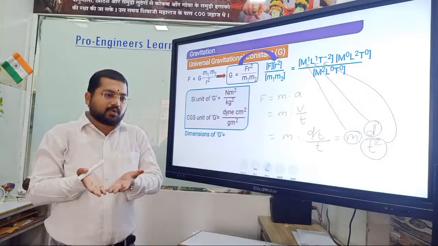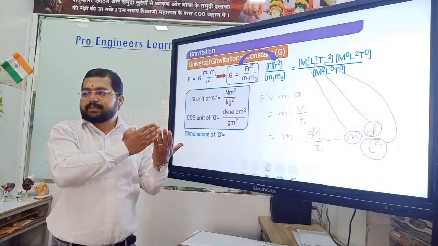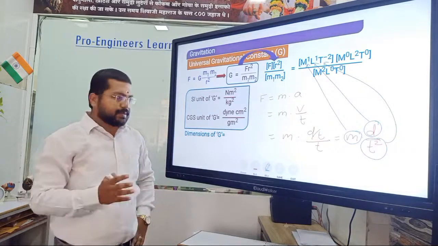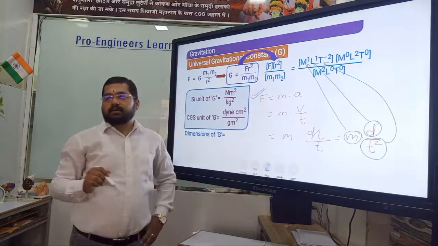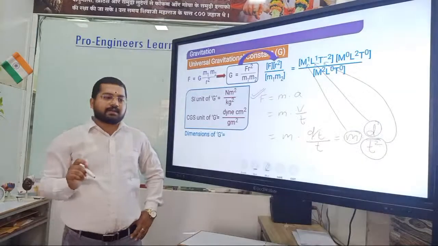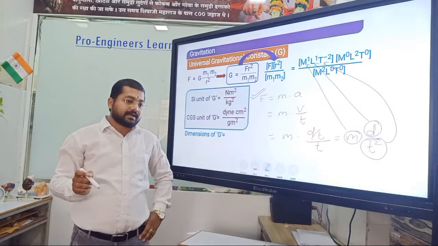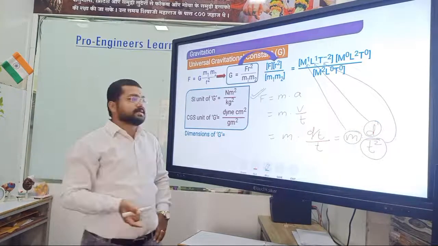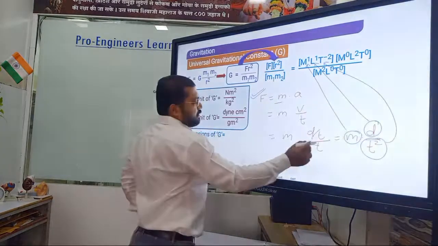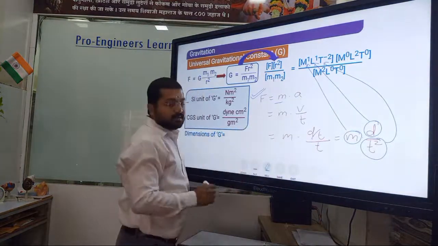When that power goes to the numerator, that must be negative. So here we have derived the dimension for a derived quantity, force, from the fundamental quantities: mass, distance and time.